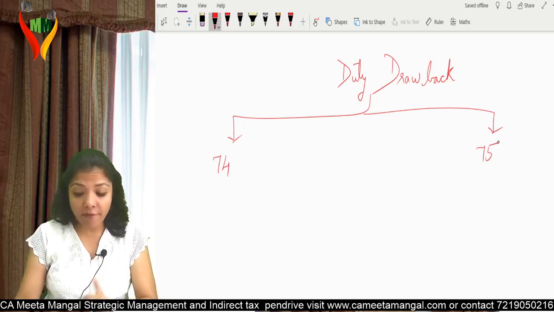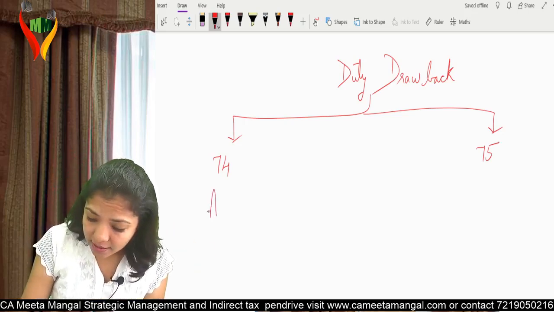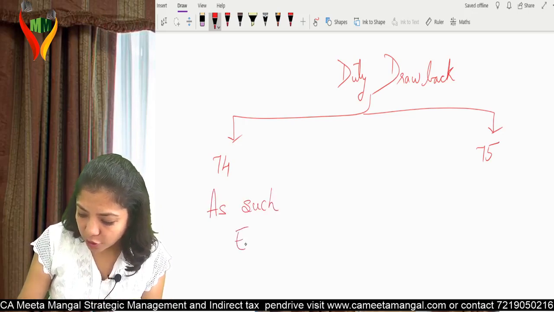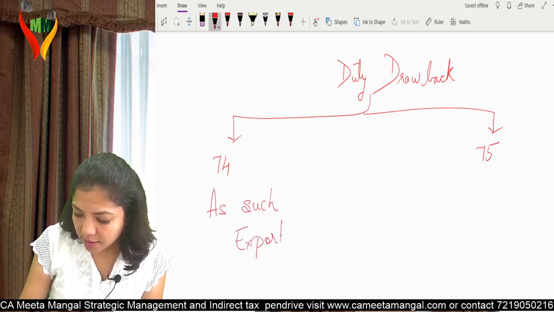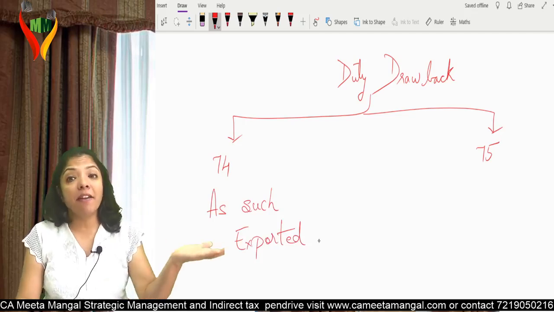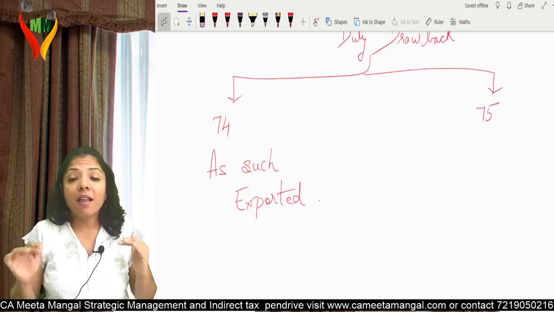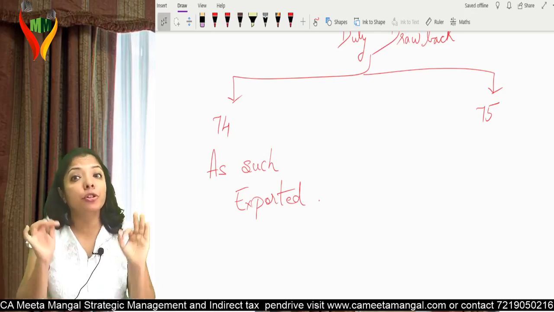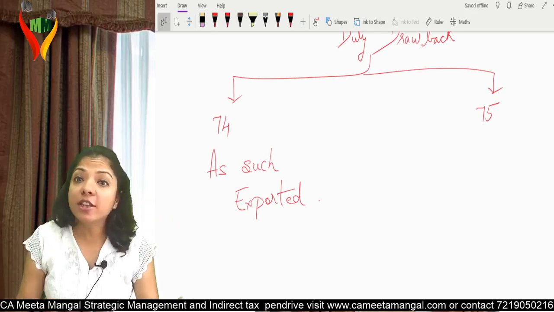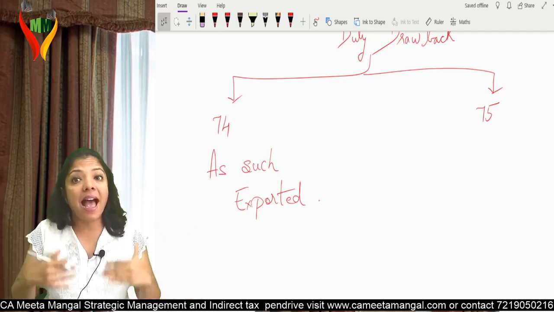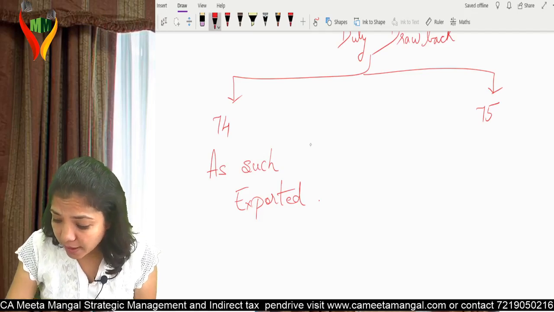What is section 74? Goods exported as such. What do you mean by that? That means I have imported something, I have paid import duty, and without changing the form, I have exported it as such, as it is.